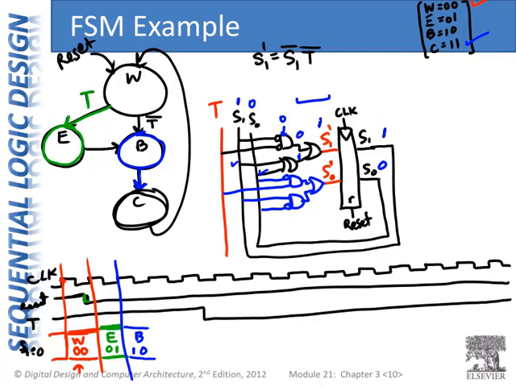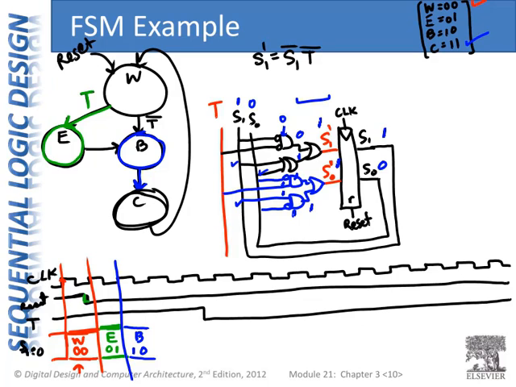And now we get S0 bar from this one, so that's 1 on the other side of the bubble. And T at this point is 1, or S1, which is 1, and S0 bar, so we get 1 and 0 bar, which is 1, we get 1 and 1, we get 1, so we get 1 or 1.